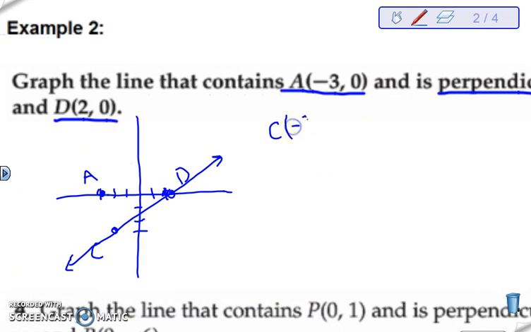C is negative 2 and negative 3. And point D is 2, 0.